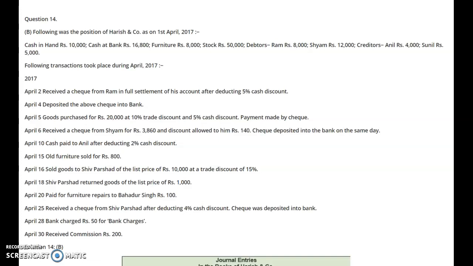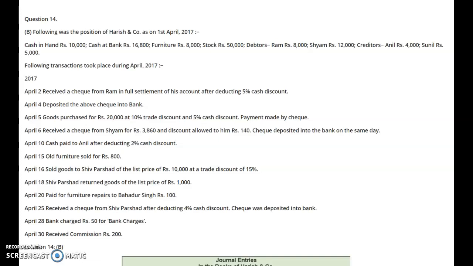So credit is to be given to the liabilities by the name of the concerned liability. Then the balance will be transferred to the capital account. Here, balance means the total of all the assets minus the total of all the liabilities. Whatever is left out is transferred to the capital account.